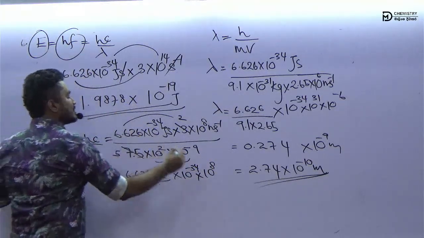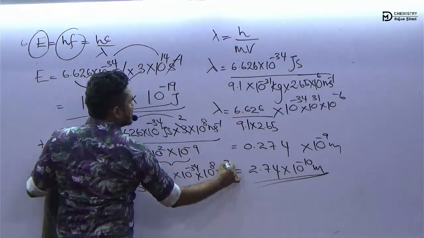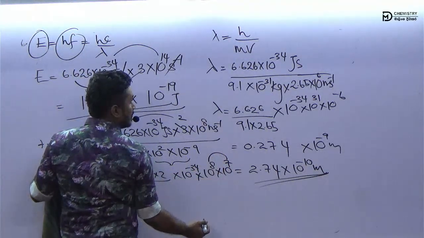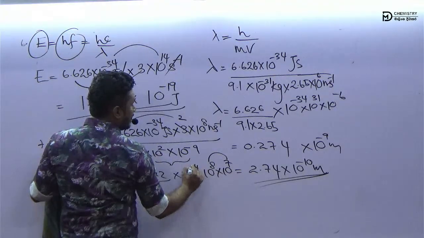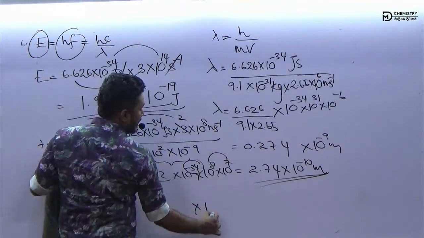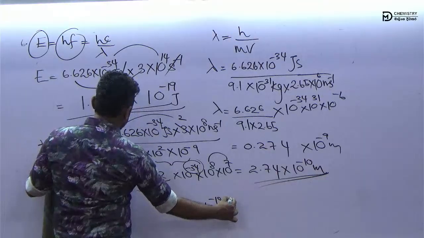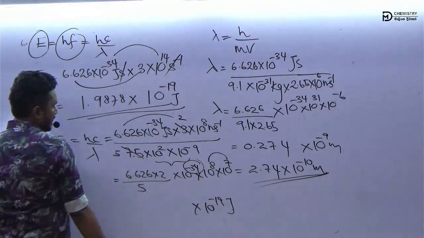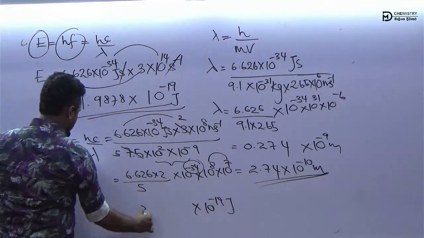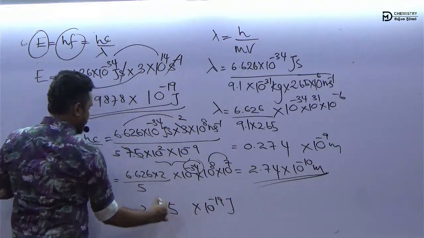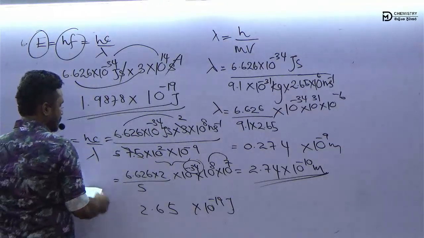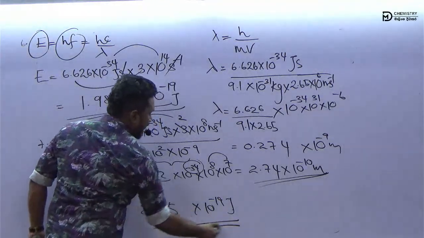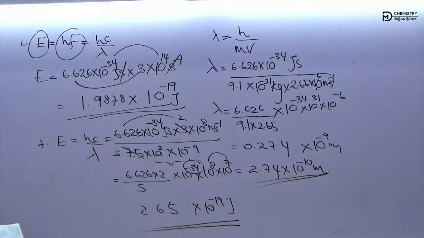When minus 7 goes upward, that is plus 7. Plus 7 and plus 8 plus 4, that is plus 15. Minus 34 and minus 19 is remaining. So the answer is 13 point something divided by 5, which is 2.65 into 10 to the power minus 19 joule. This is the answer for the last question.